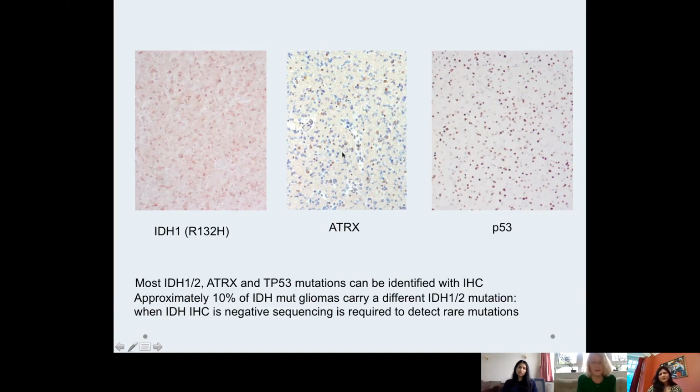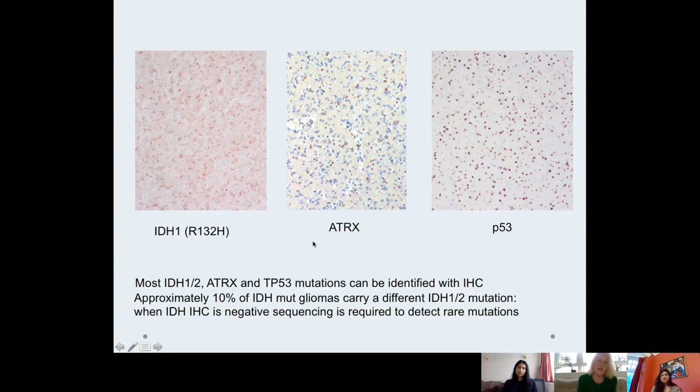Most astrocytomas will also carry the ATRX mutation, which can be detected by immunohistochemistry, but in at least 10% of cases, astrocytomas are ATRX wild type. And about 50% of diffuse astrocytomas carry also the p53 mutation, but we still have 50% of cases in which p53 is wild type.